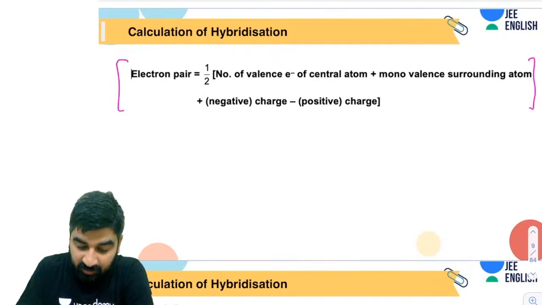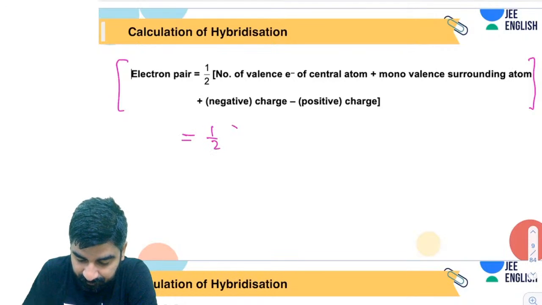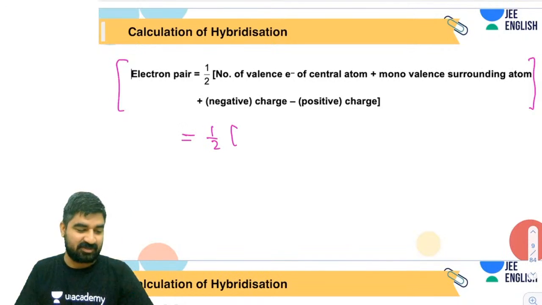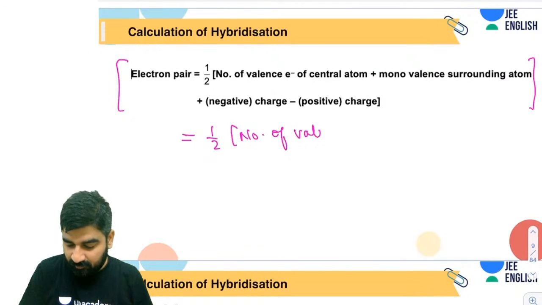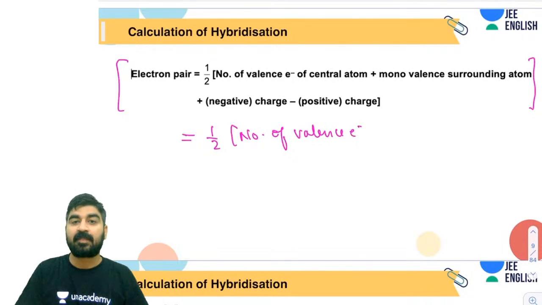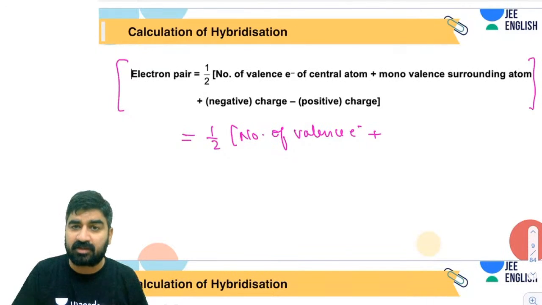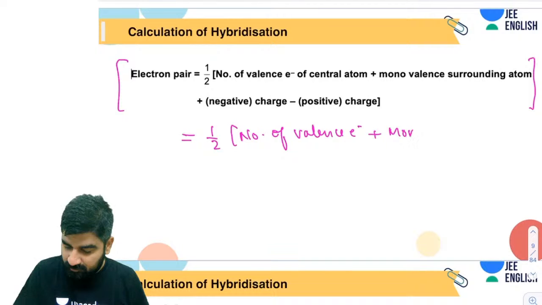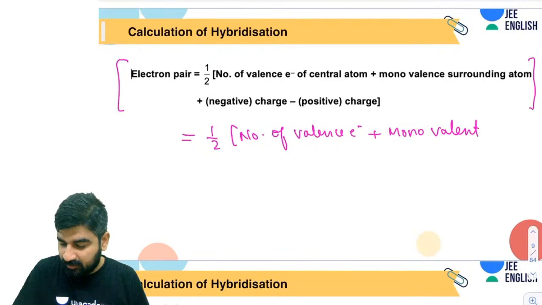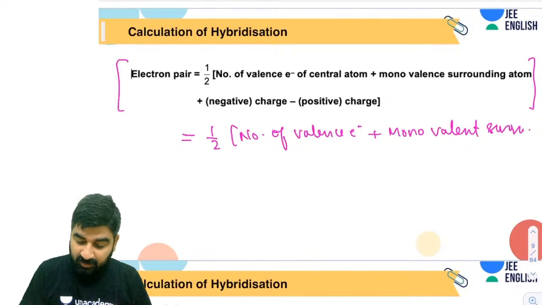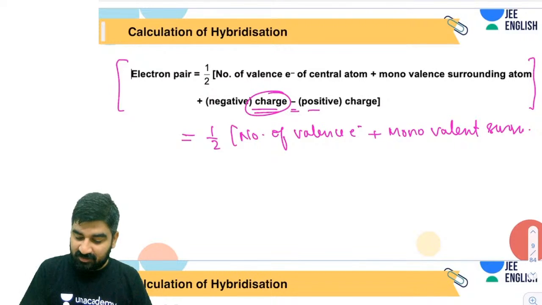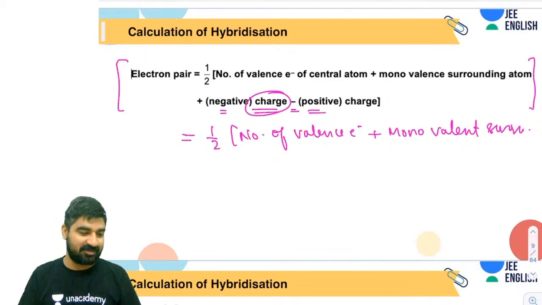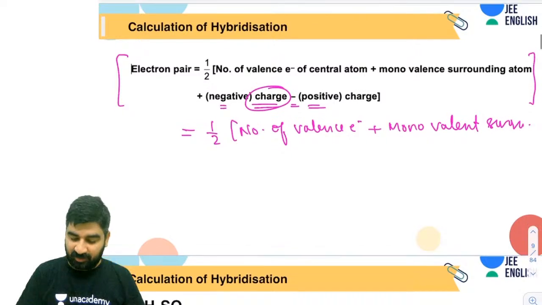First of all, write half, and then write the number of valence electrons, and then the number of monovalent surrounding atoms. If there is a positive charge on the molecule, then do the minus, and if there is a negative charge, then do the plus. I will tell you how to do that.